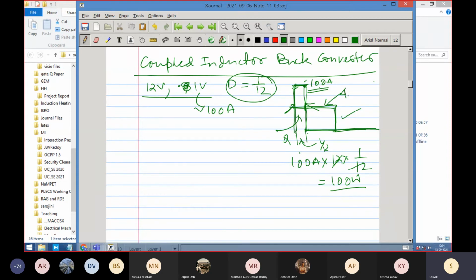Suppose I have made the duty ratio 0.5. Then 12 volt into 0.5 into I level is equal to 100 watt. So I is equal to how much? 100 divided by 6. That means about 16.7 ampere.